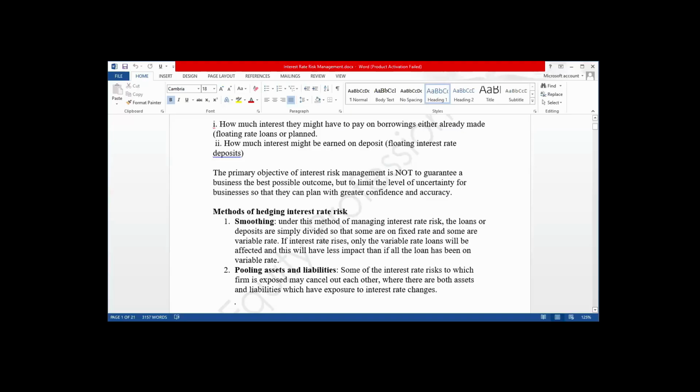How does this method work? Under this method of managing interest rate risk, the loan or deposits are simply divided so that some will be at a fixed rate, some will be at a variable rate.